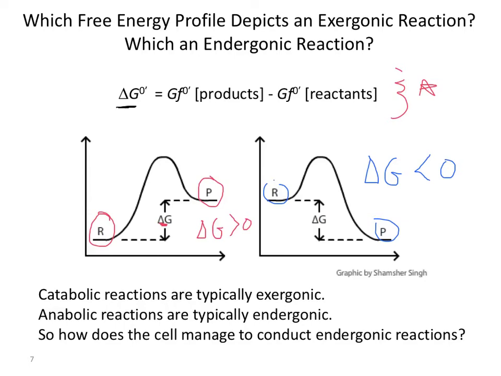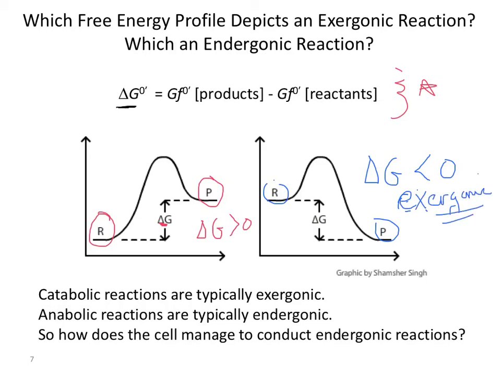We use these terms, and you should be familiar with these terms. By knowing what the delta G value is, we can know whether a reaction is exergonic or endergonic. Exergonic reactions release energy. So this reaction profile shown over on the right is showing us exergonic.